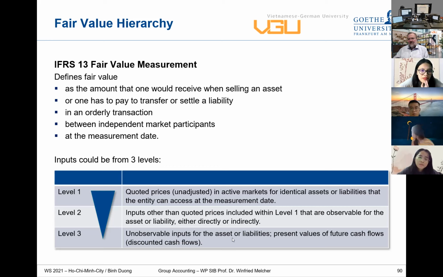All right, so level 3, and that is the most complicated, but it is used quite often in setting up financial statements. It is where you have no observable inputs for the assets or liabilities, and you will discount future cash flows into a present value.